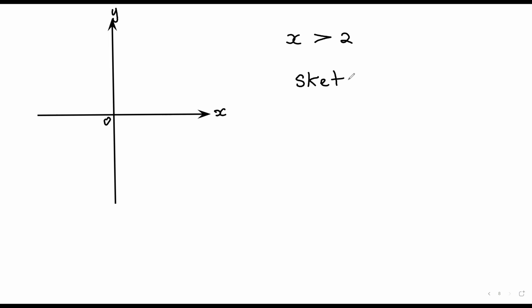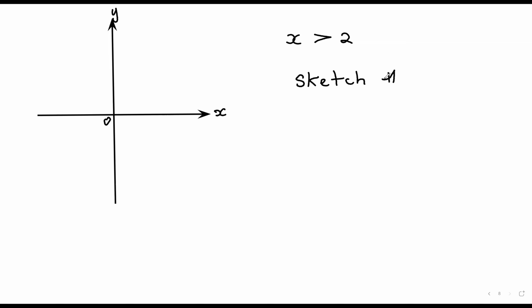X is greater than 2. Exclusive, right? It's exclusive because it's greater than 2. So that means that x can be all values that are greater than 2, and it does not include 2 because it's an exclusive inequality.